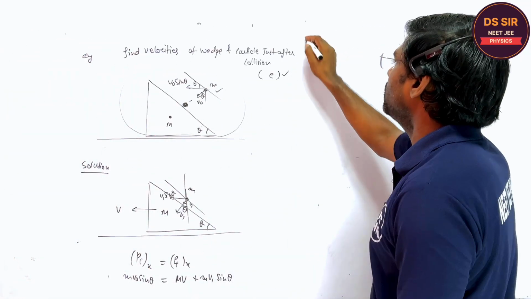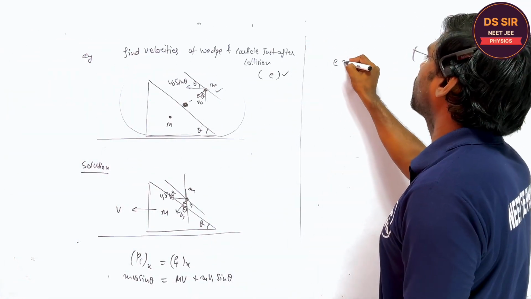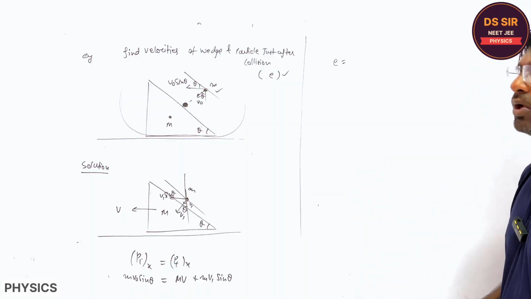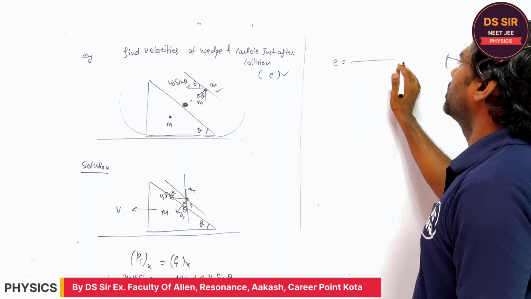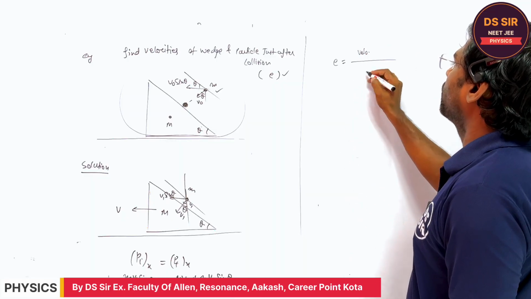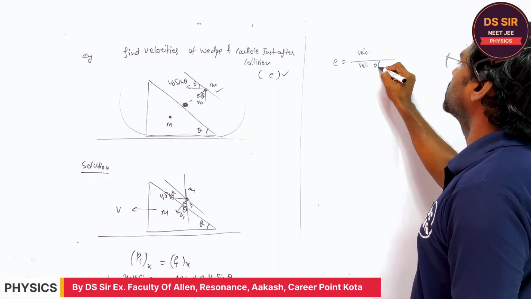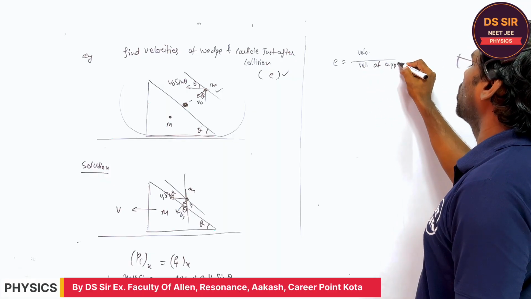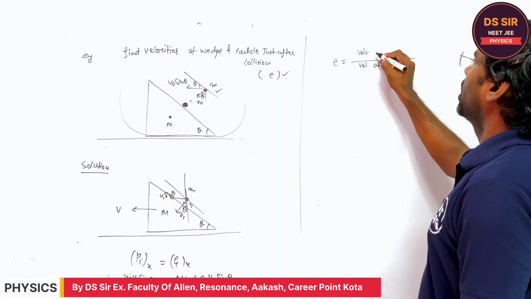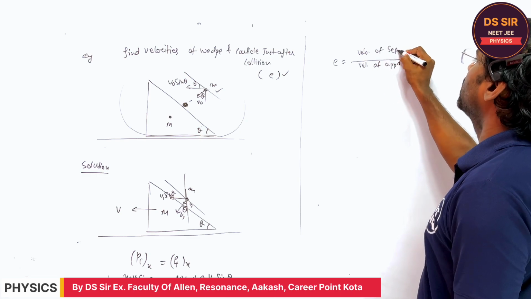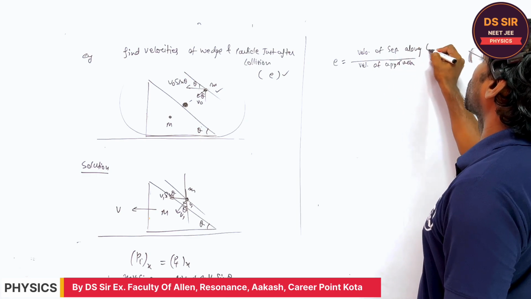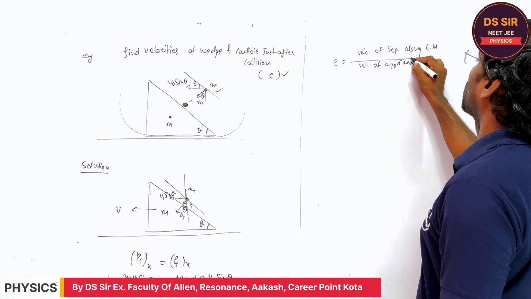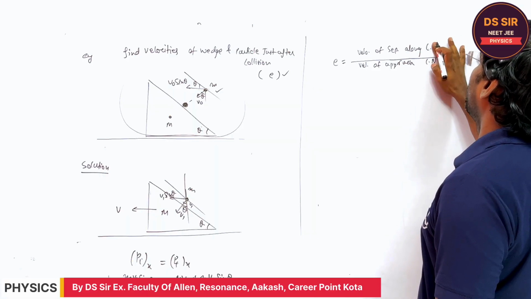The other equation we find with the help of the coefficient of restitution. What is the coefficient of restitution? Velocity of separation along the common normal divided by velocity of approach along the common normal.